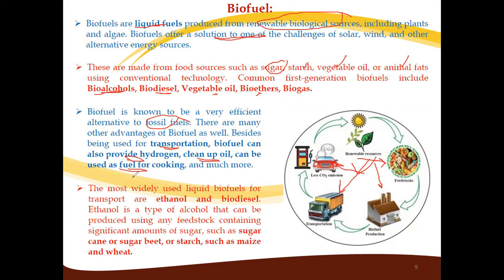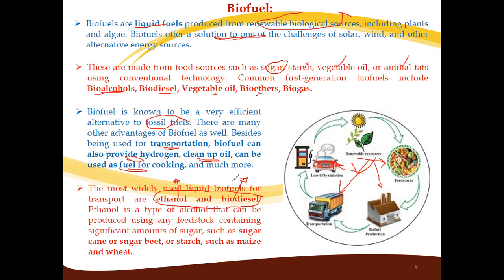The most commonly used liquid biofuels in transport are ethanol and biodiesel. 20% of ethanol can be mixed with petrol, which is allowed by the government. Biodiesel is used to run vehicles.